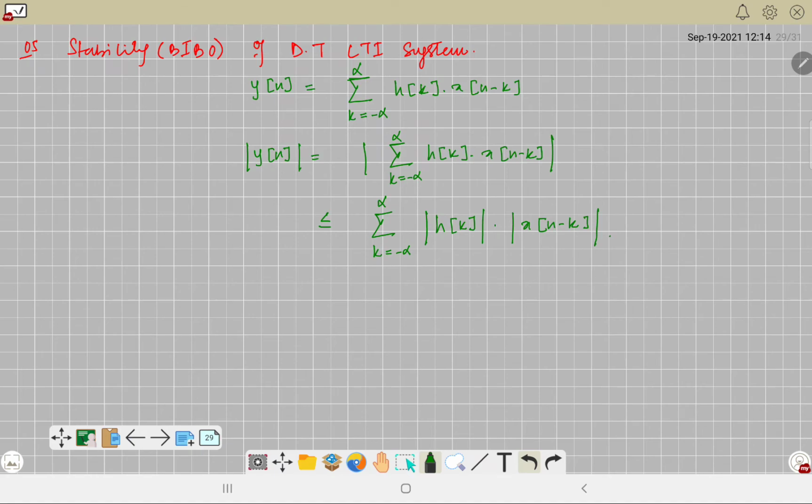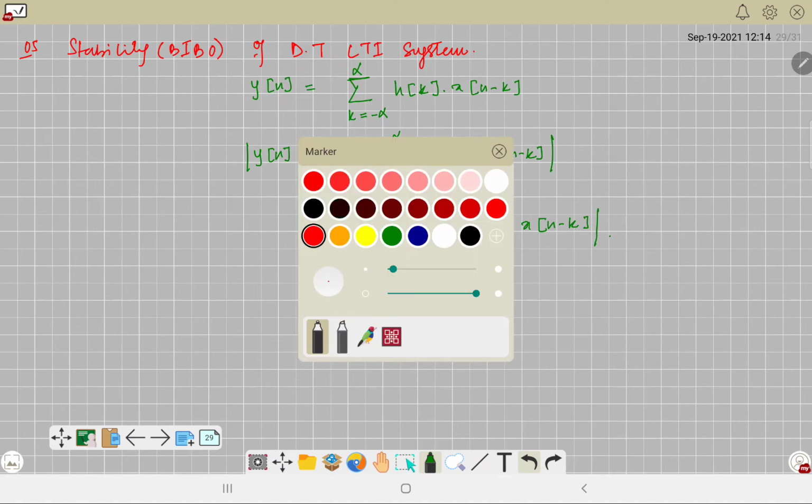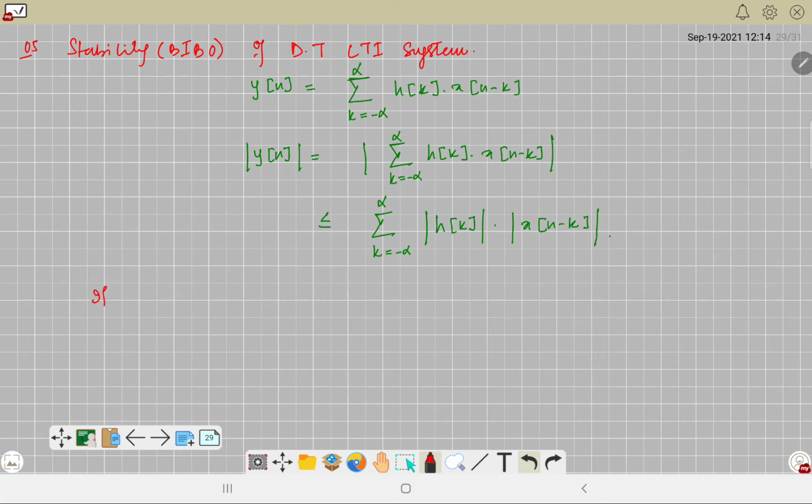That is an assumption to check the stability. If I am giving a bounded input, it means that the magnitude of the input is bounded by some value, say b subscript x, and it has to be finite, so it will be less than infinity. Okay, so this is the magnitude of our input.